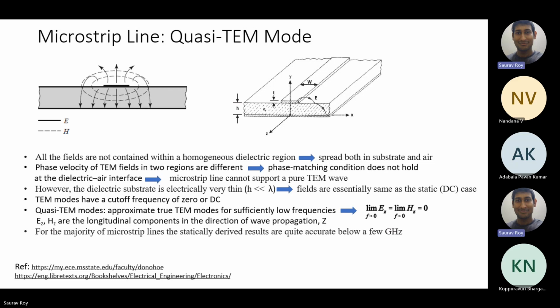If it was only one type of substrate, it would be something else. But in the microstrip line it is different. The fields are not contained within a particular homogeneous dielectric region; they spread both in the substrate and in air. So that's why it is a non-homogeneous medium.